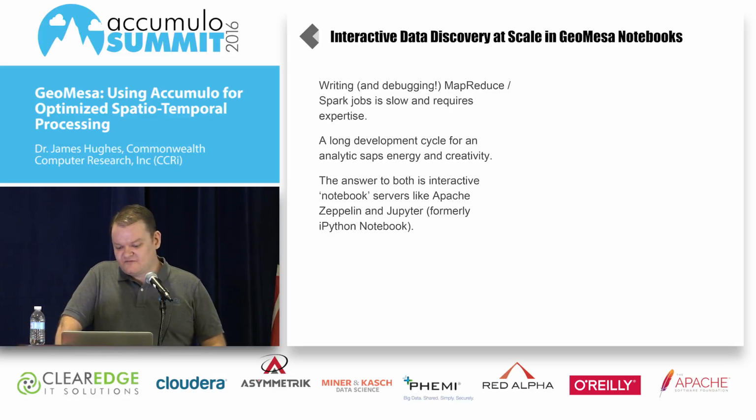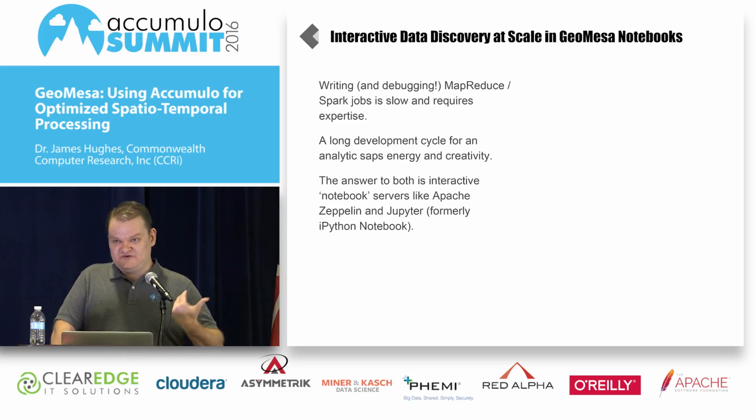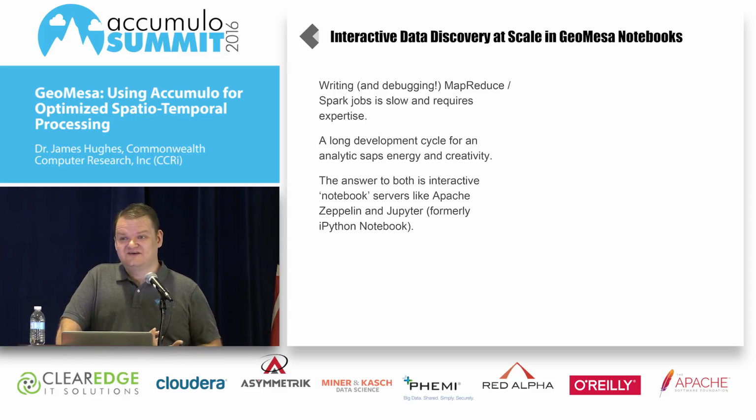Okay, the thing to wrap up with is where's this going? It's not just enough to store the big data and be able to run a batch job that comes back in hours or minutes. We need to have a way to dive into the data, understand it, and work with it in a live way. Also, writing MapReduce in Spark is pretty error-prone.